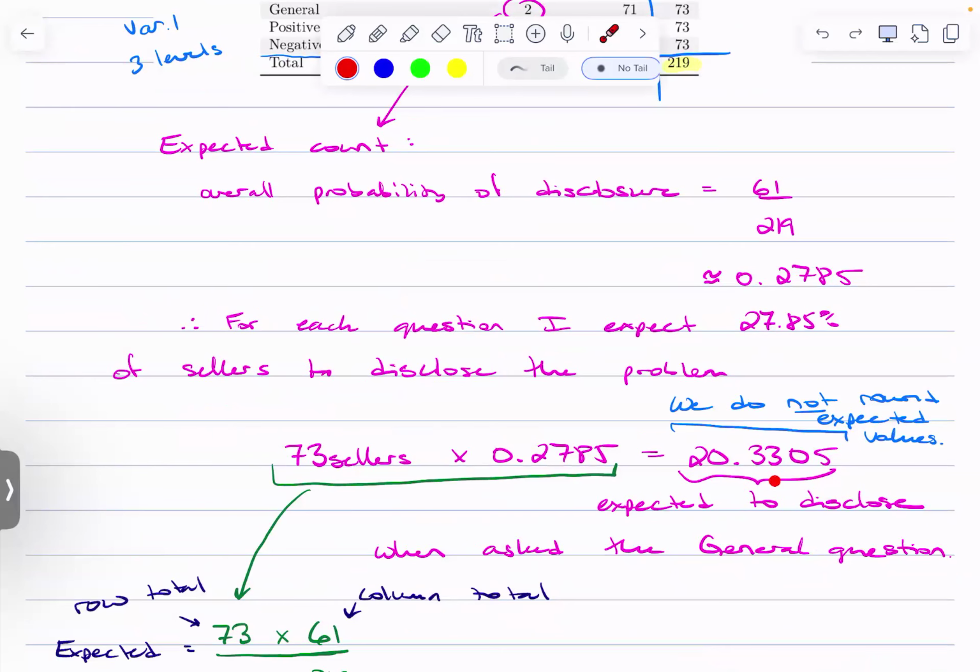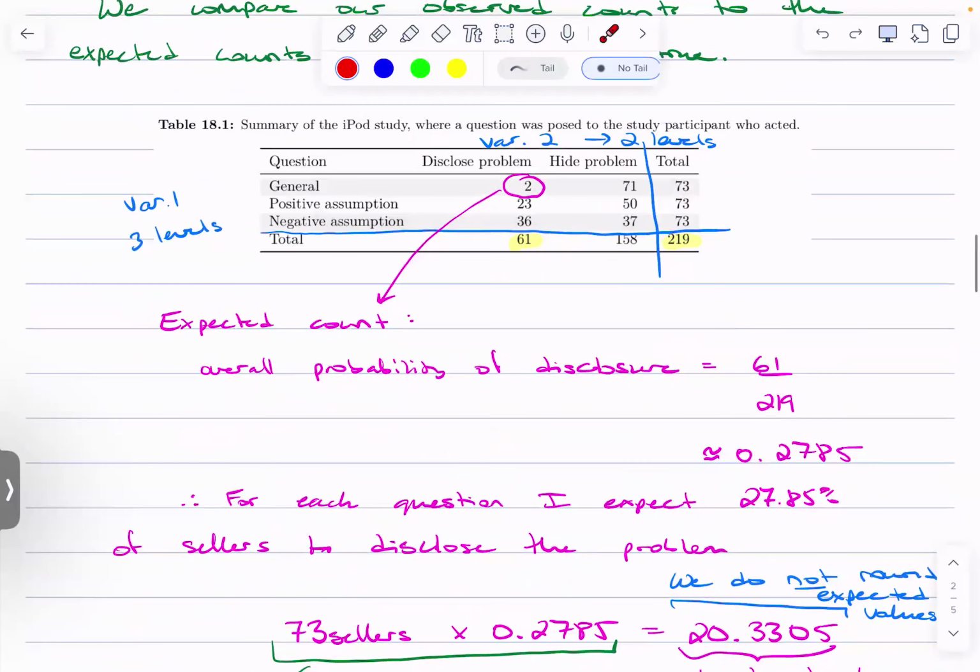And so then I say, that seems strange. This 23 would have the same expected count just because it has the same row total and the same column total. So 23 compared to 20.33 is not that far in my kind of gut reaction opinion.